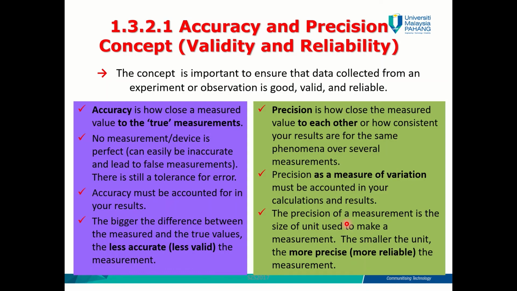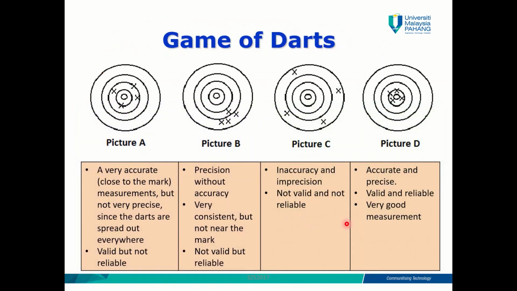You can also view this like a game of darts. Imagine that the middle here is your targeted value, or the true measurement that you're trying to get in your experiment. If these are your readings, you can see they are scattered around the targeted value. The readings are close to the target, but they are far from each other.